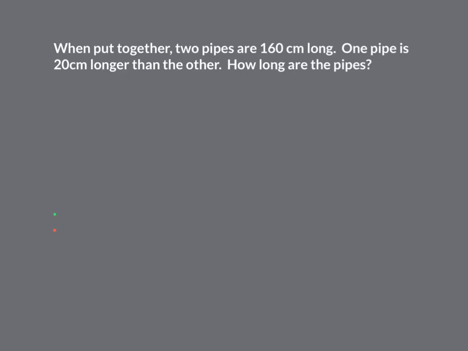All right, when put together, 2 pipes are 160 centimeters long. One pipe is 20 centimeters longer than the other. How long are the pipes? All right, so we've got 2 pipes, and they're stuck together.